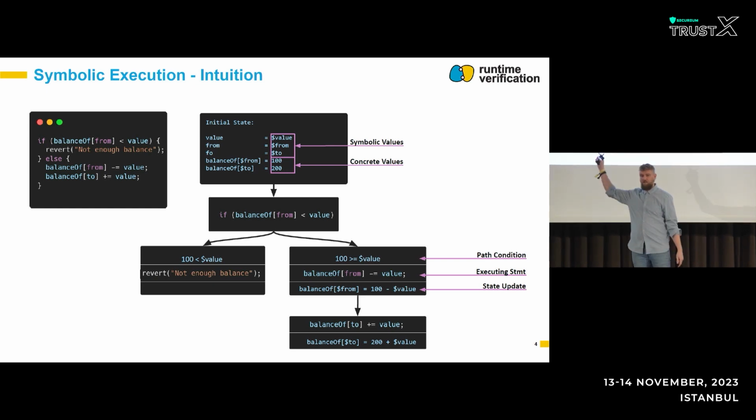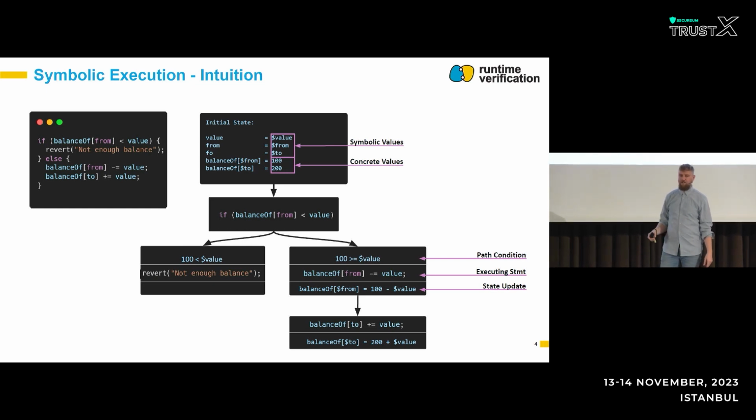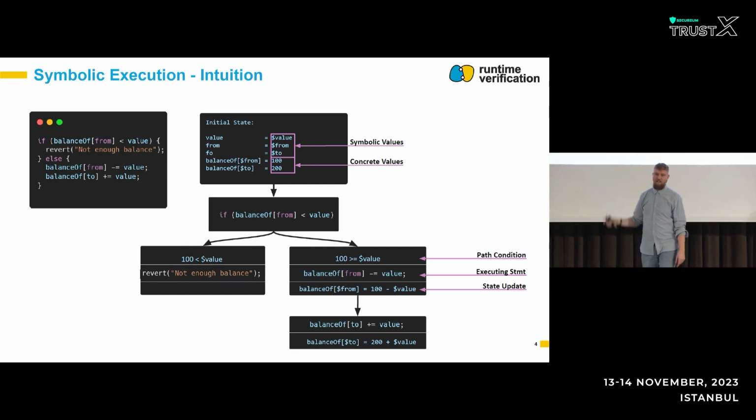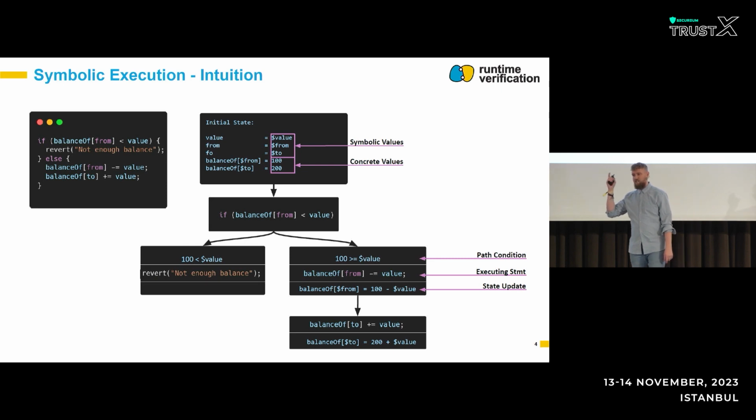If I give you this program, and I give you this initial state with some of the variables assigned already, and I ask you to execute it, you can probably do it within 30 seconds and tell me the answer. And here's what your thought process will look like.